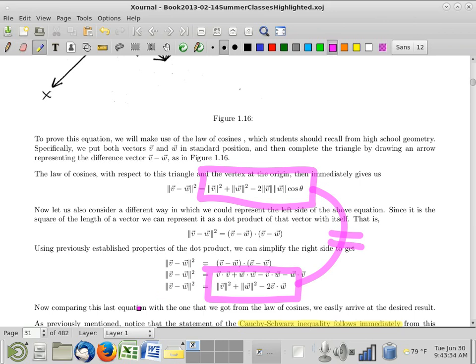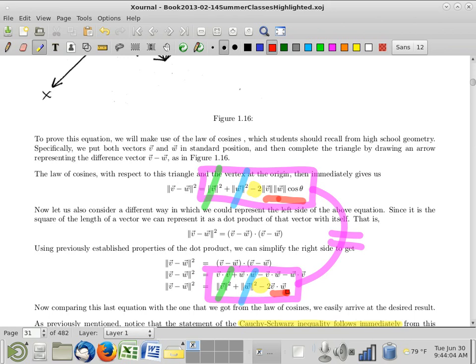Looking at these two things that are equal to each other, you'll notice you can cancel the length of v squared, you can cancel the length of w squared, you can cancel the factor of minus 2 that is in both of the remaining expressions, and then all you're left with is, I'm running out of colors here, that equals that. All right, see how it works?